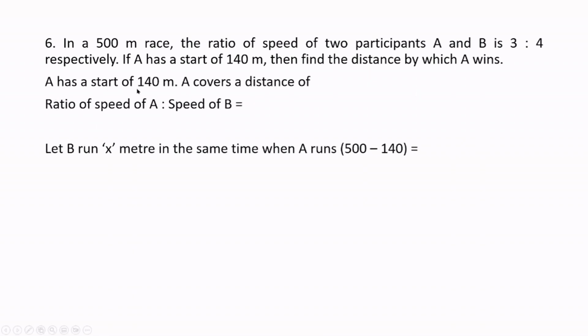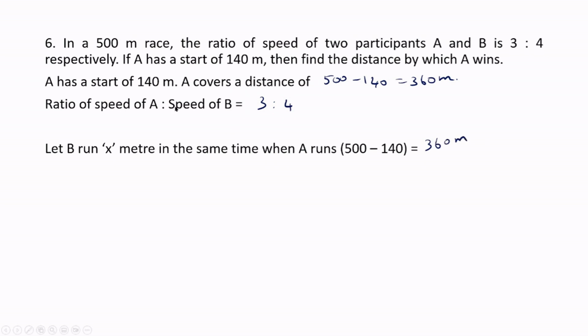So here A has a start of 140 meters, means A covers a distance of 500 minus 140, which is 360 meters. And the speed of A is to B is given as 3:4. Now let B run x meters in the same time when A runs 360 meters.